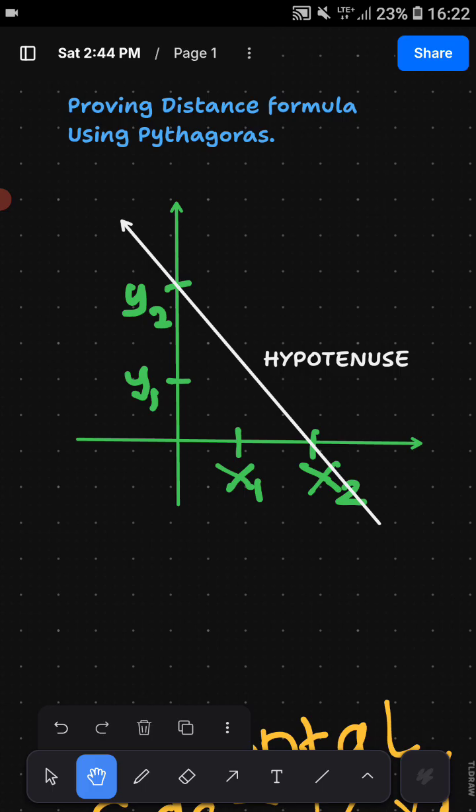Now, right here on the board, here's an XY plane. The horizontal axis is the x-axis with 2 points, x1 and x2, and the vertical axis, the y-axis, has 2 points which are y1 and y2.